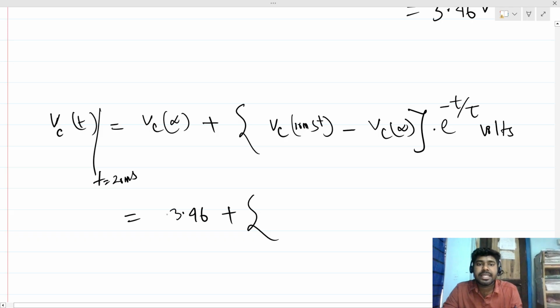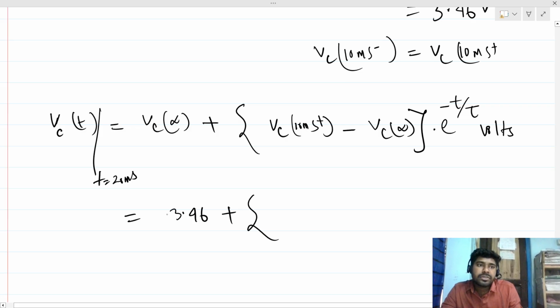Because there is no infinite current. So Vc at 10 millisecond minus is the same as Vc at 10 millisecond plus. This is a property of a capacitor. It will hold its previous voltage as long as there is not an infinite current. So this will be 3.9 volt.